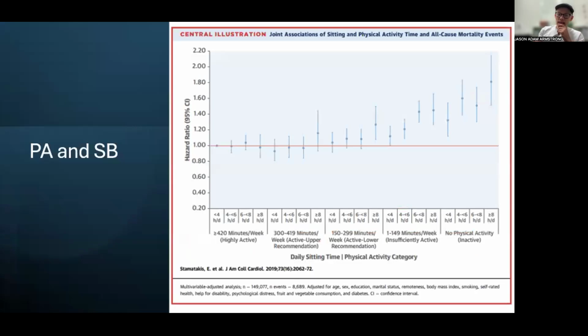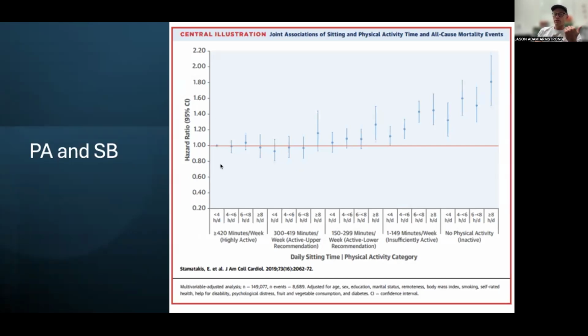Okay, last slide here. This is looking at all-cause mortality. So it's not any of the individual diseases we looked at, it's just mortality as a whole. And I just want you to puzzle out the difference between sedentary behavior and physical activity. We know that they have independent effects on health, but here we're looking at hazard ratios.